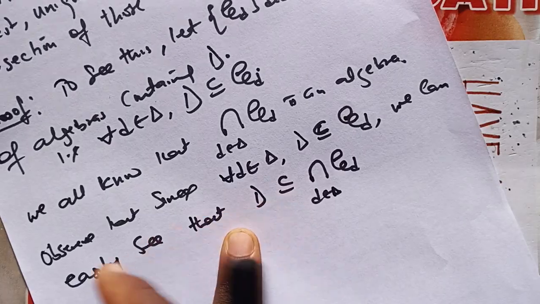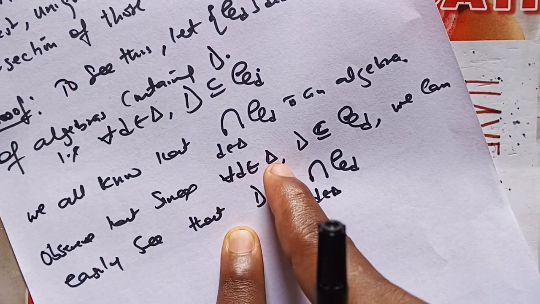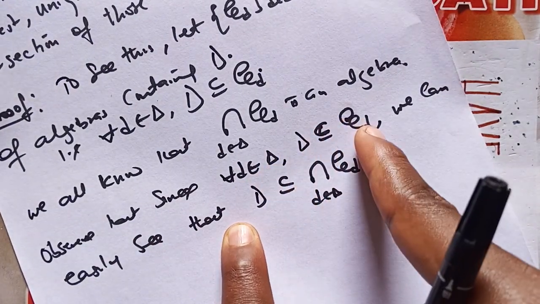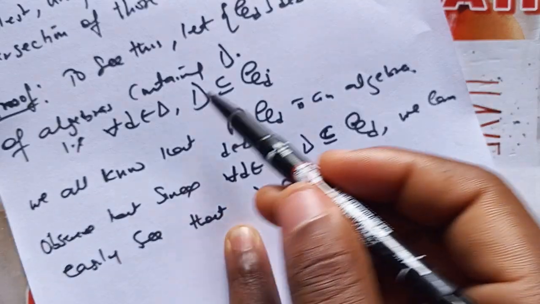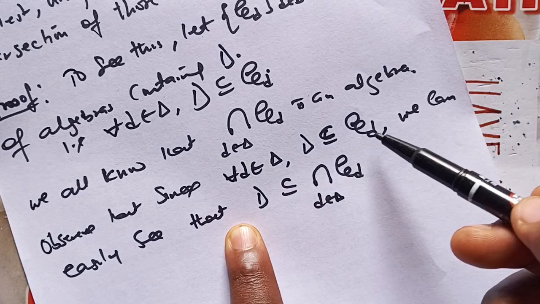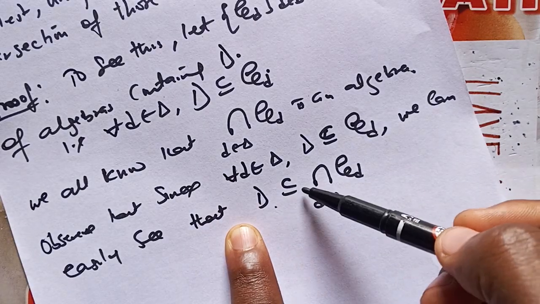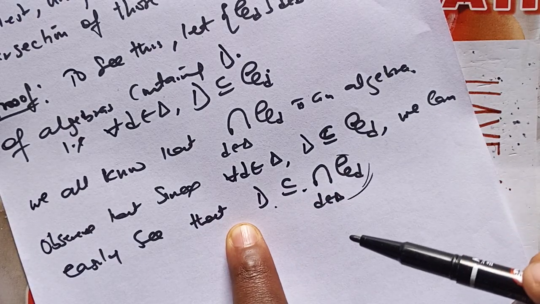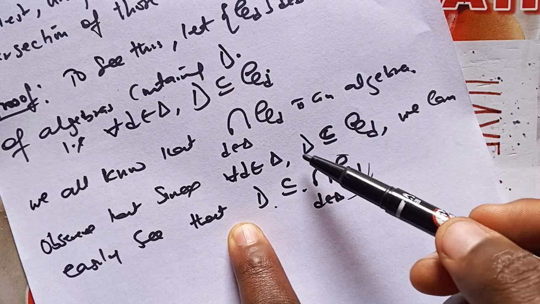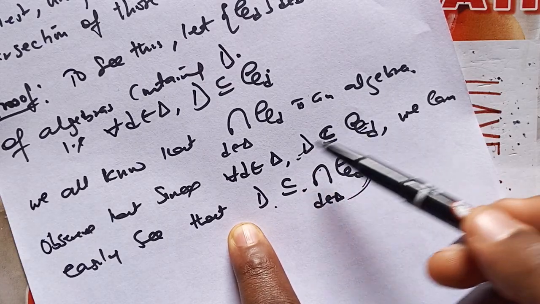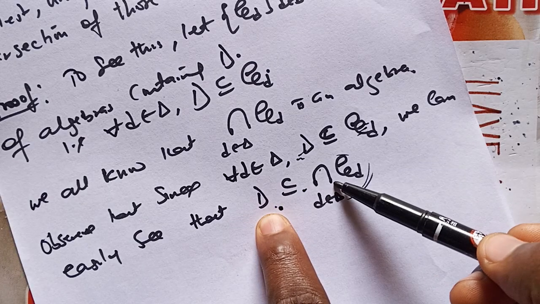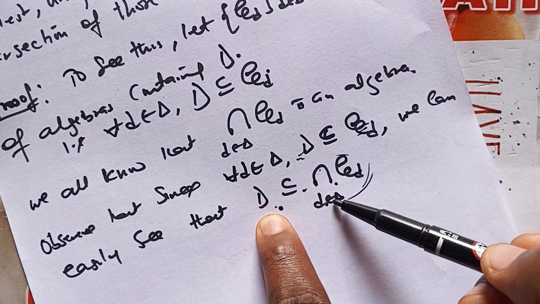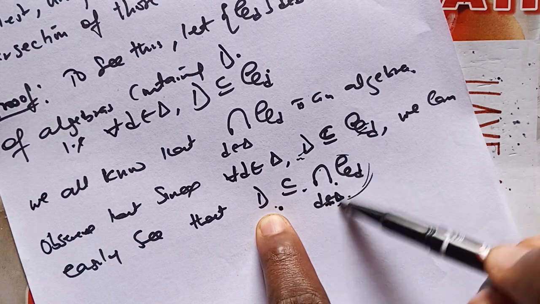Okay, so observe that since for every D in the index set, D is a subset of this algebra, which is what we wrote here, we can easily see that D is a subset of this intersection. A simple way of viewing this: do intersection of both sides. If we do intersection of both sides, intersection of D will still be D. Now the intersection of these algebras where D is running from the index set will be this.